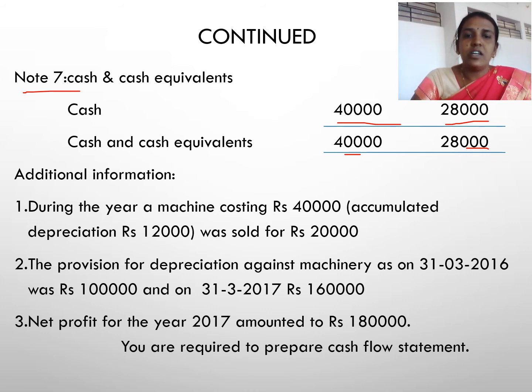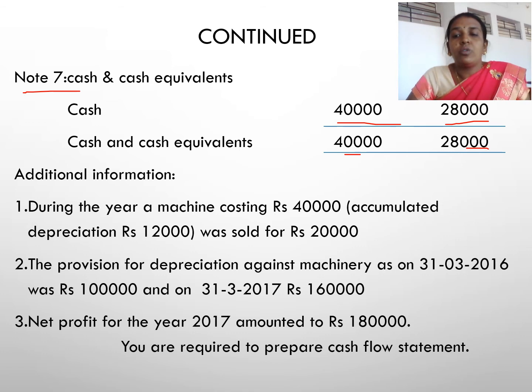Then second one is the provision for depreciation against the machinery as on 31st March 2016 was rupees 1 lakh, and on 31st March 2017 was rupees 1 lakh 60,000. That is, there is an increase in the provision for the machinery.